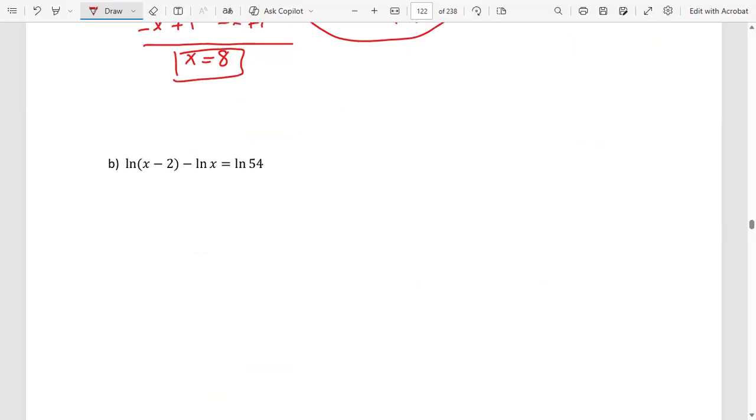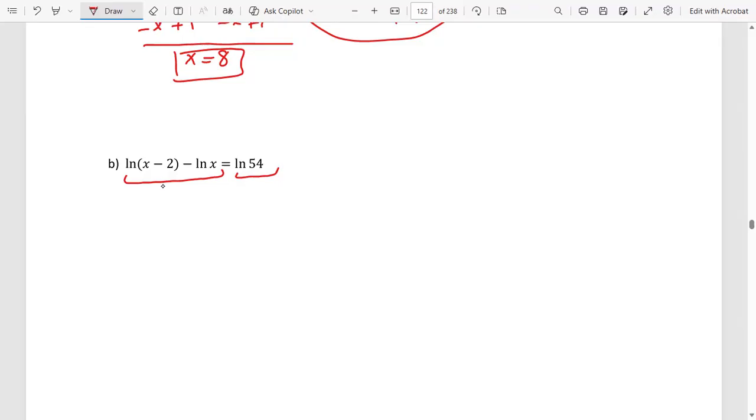That's a logarithmic equation because x is inside the log. I see logs on the left side and I also see logs on the right side, so I have logs on both sides. That means I have to use the one-to-one property. But to use it, I need to make sure that there is only one single log on each side. There is only one single log on the right, but on the left I have two logs that are subtracting.